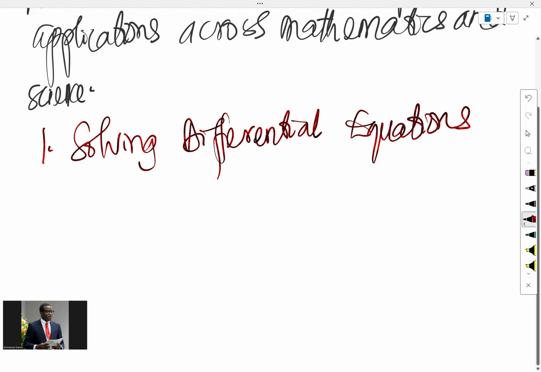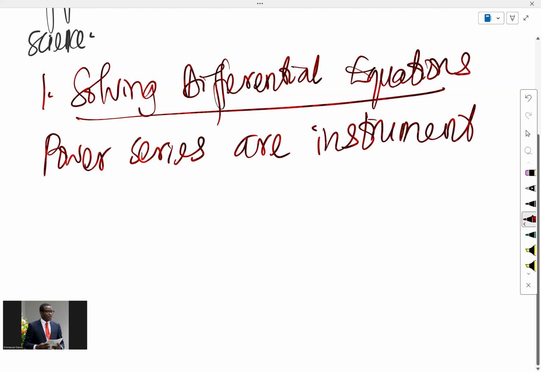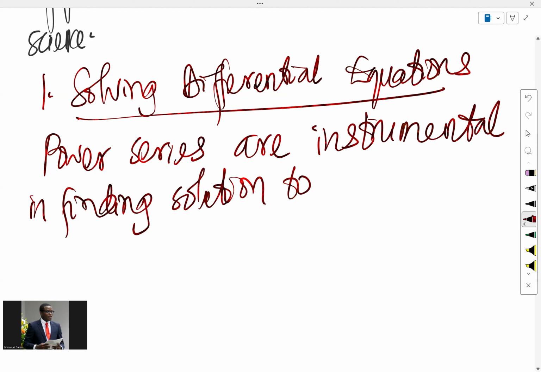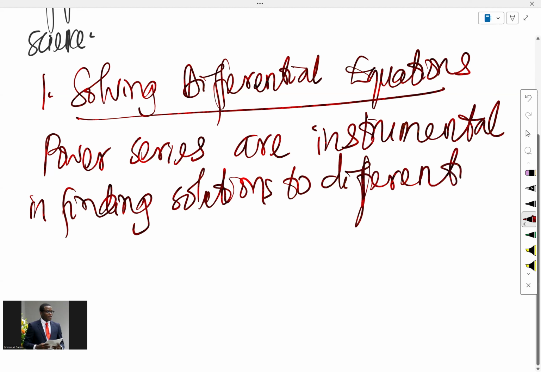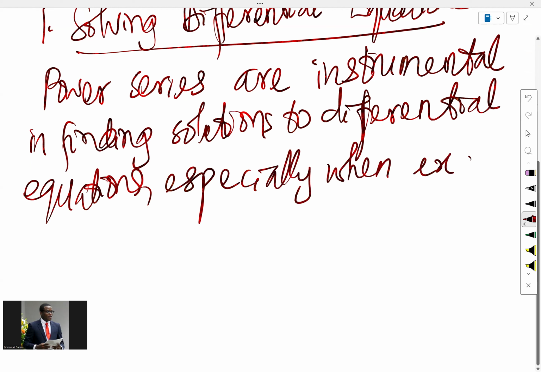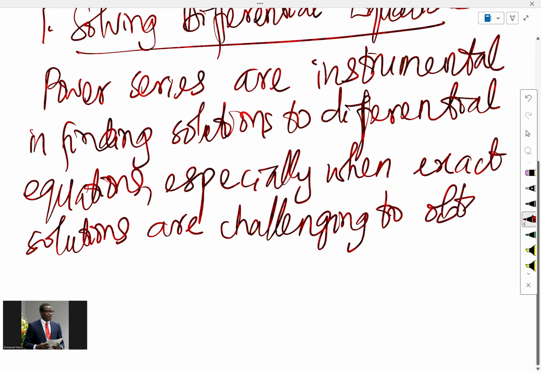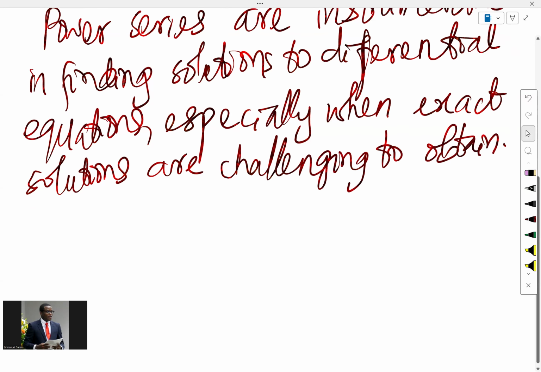Power series are instrumental in finding solutions to differential equations, especially when exact solutions are challenging to obtain.